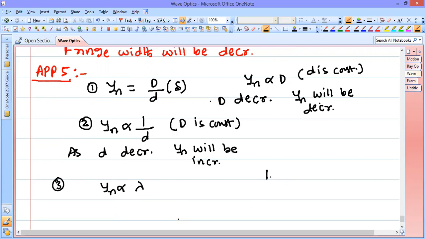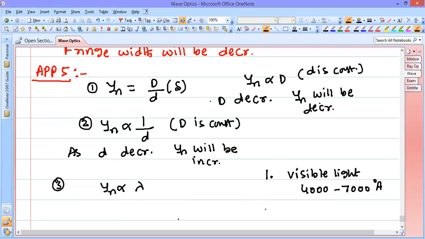First light ray, it is visible light. Visible light means it will have the range of wavelength from 4000 to 7000 angstrom.